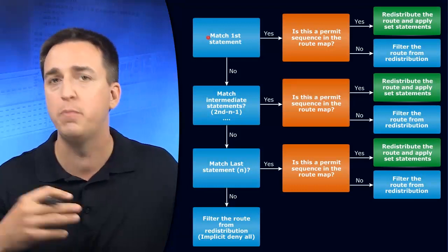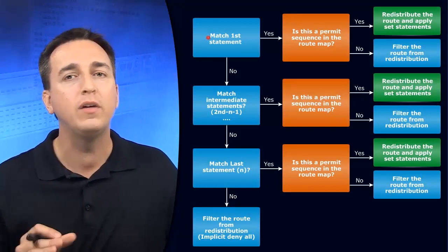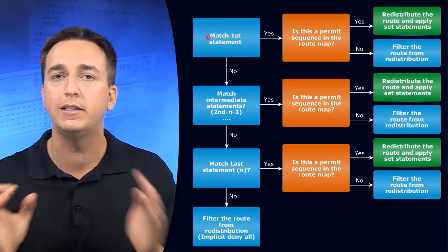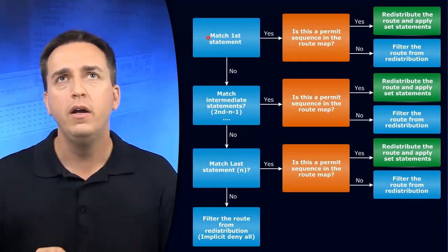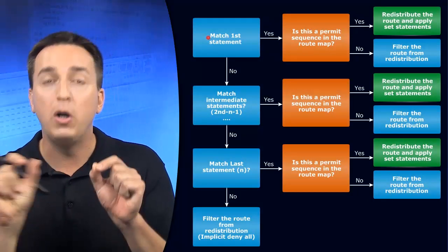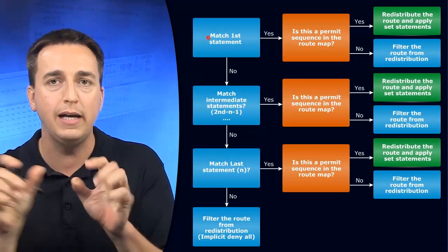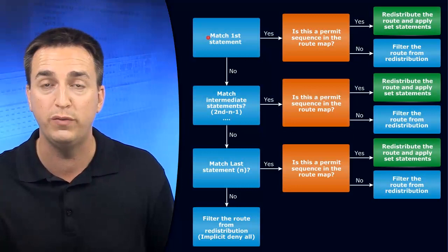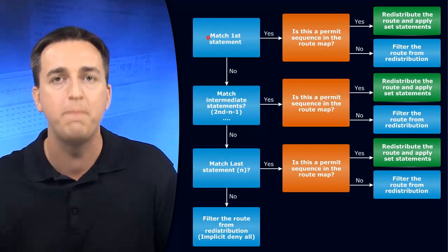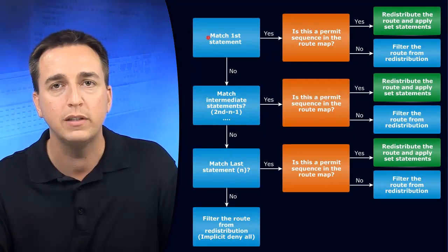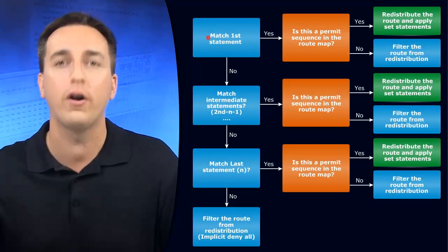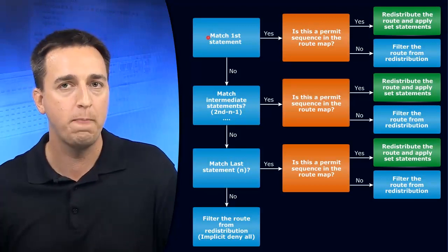Now, we can have multiple match statements within a sequence. If the match statements are not side by side, pardon me, if the match statements have multiple entries in them, for example, if we said match IP address prefix list and we specify a prefix list name and then another one and another one, that means match this prefix list or this prefix list or this prefix list and so on and so forth.